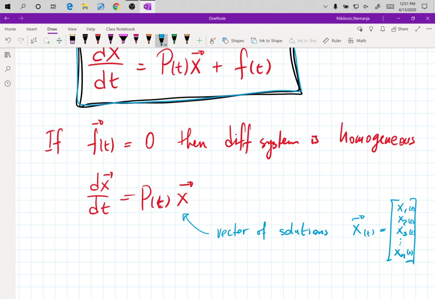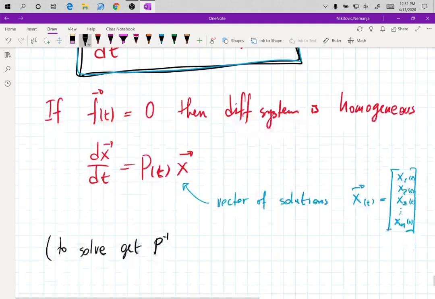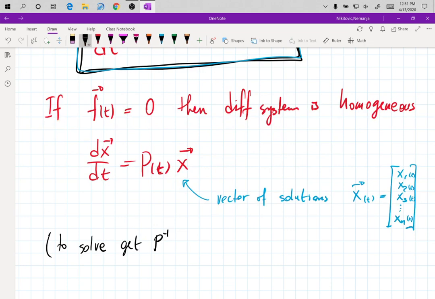Nah, that's somewhere else. I'll just put this as a note. To solve, get P inverse and pre-multiply both sides.